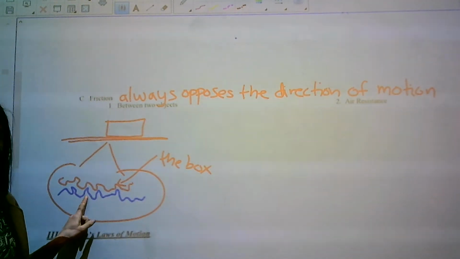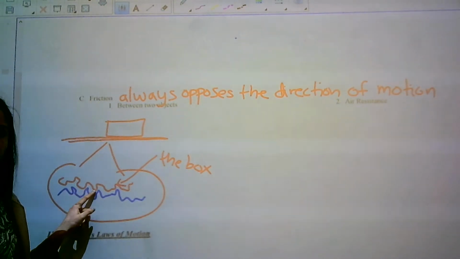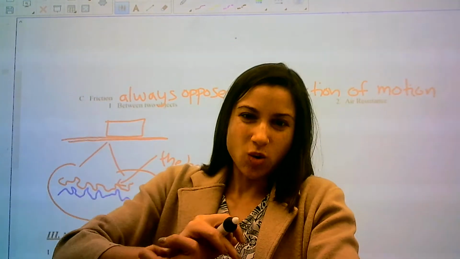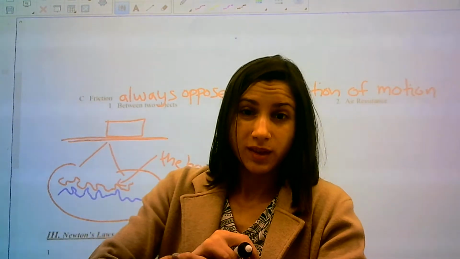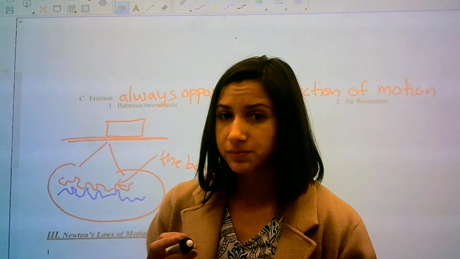As you can see, the little nooks and crannies of the floor are going to get caught in the material of the box, causing it to catch, if you will. That's what friction really is, at least between two objects.